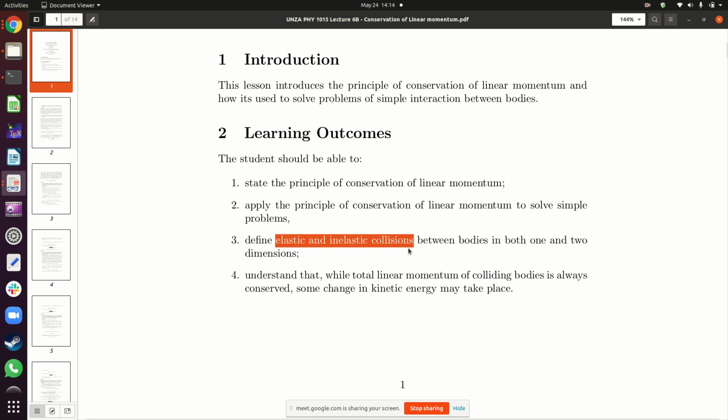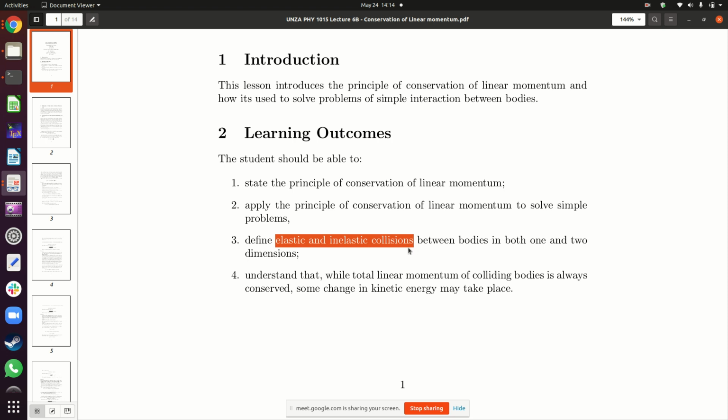Whether a collision is elastic or plastic has to do with the kinetic energy of the colliding objects. What is the total kinetic energy of the objects before the collision, and what is the total kinetic energy after the collision?